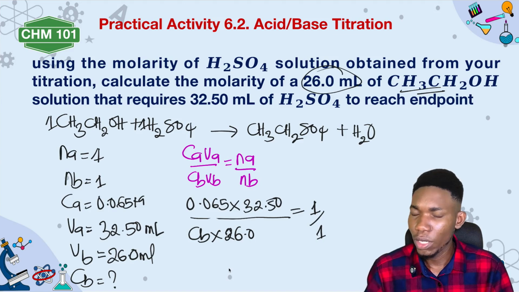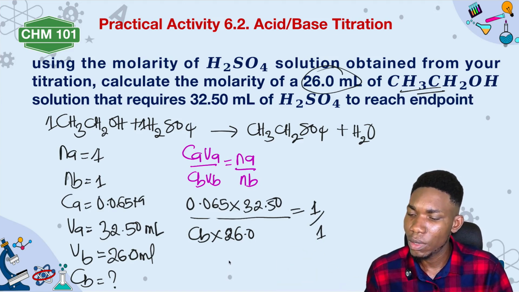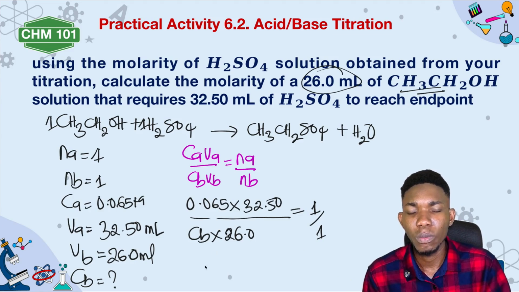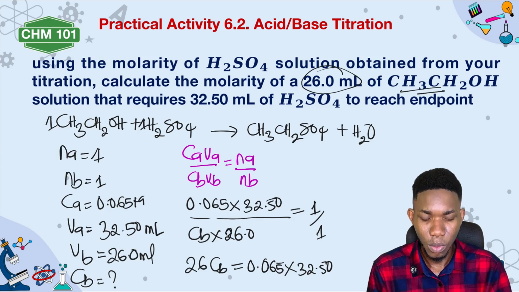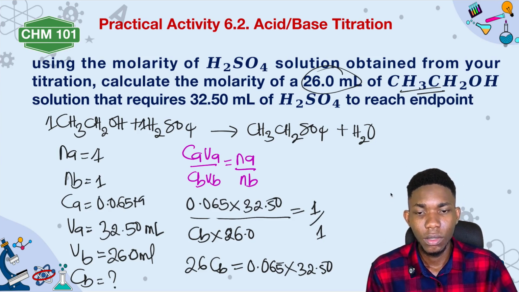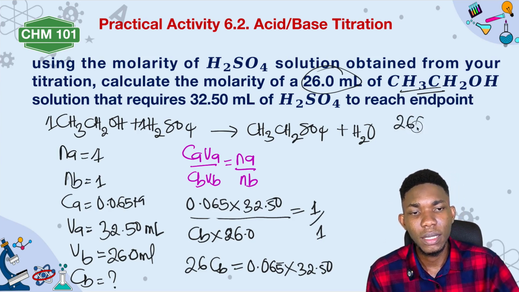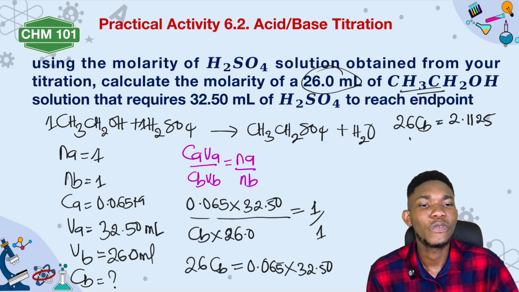All right? So when you cross multiply this, my dear students, what's that going to give us? 26 Cb is equal to 0.065 times 32.50, which gives us 2.1125.